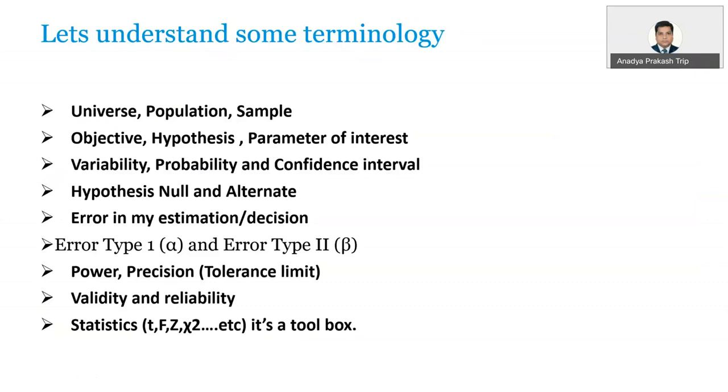We will discuss later how to measure and what the common things to measure are. But that on which you are going to measure your objective is your parameter of interest. And if you have certain assumptions about that parameter, you already build your hypothesis. There are two different hypotheses we are going to deal with. I will come to that later.